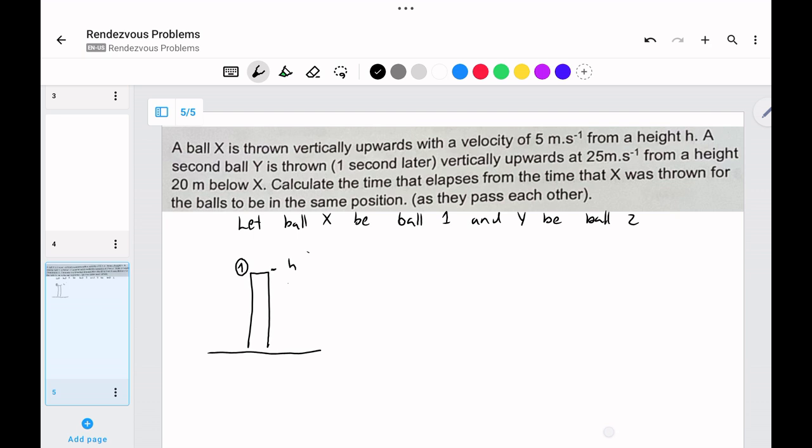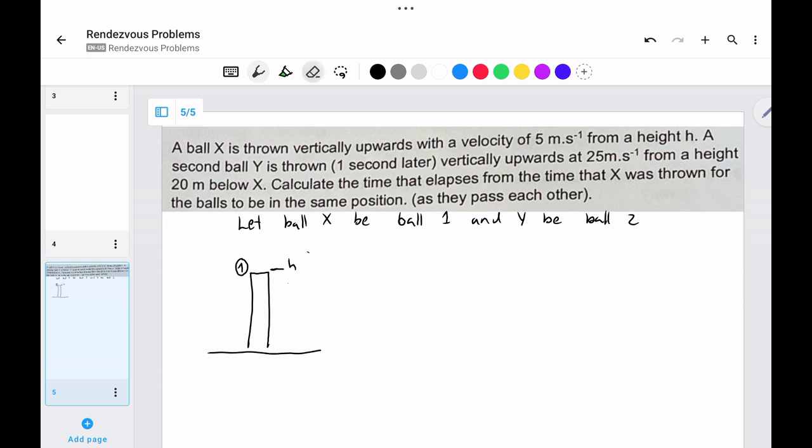I mean, we don't have to imagine a building, but I'm going to. A second ball Y is thrown 1 second later vertically upwards at 25 meters per second from a height 20 meters below X.